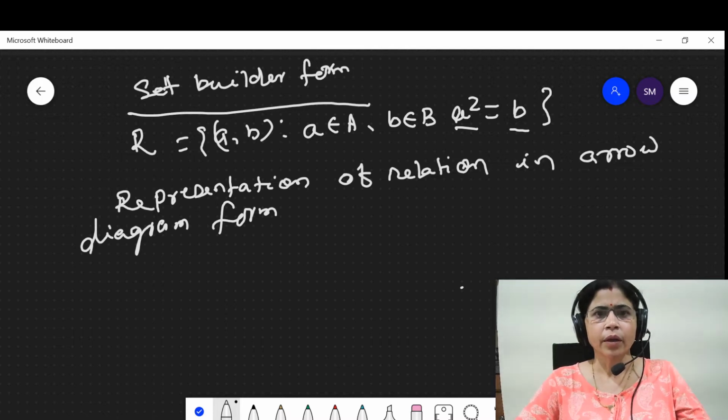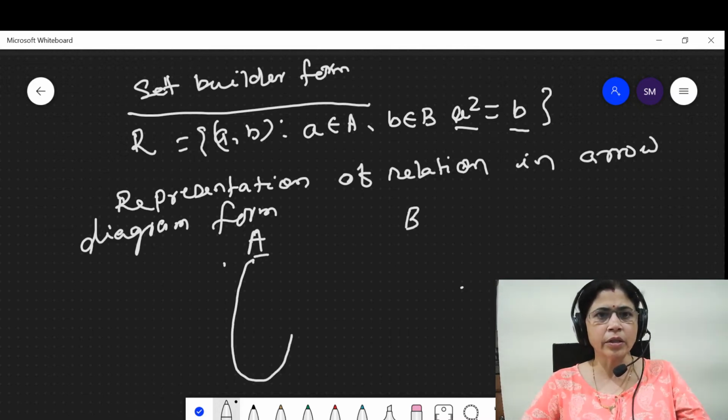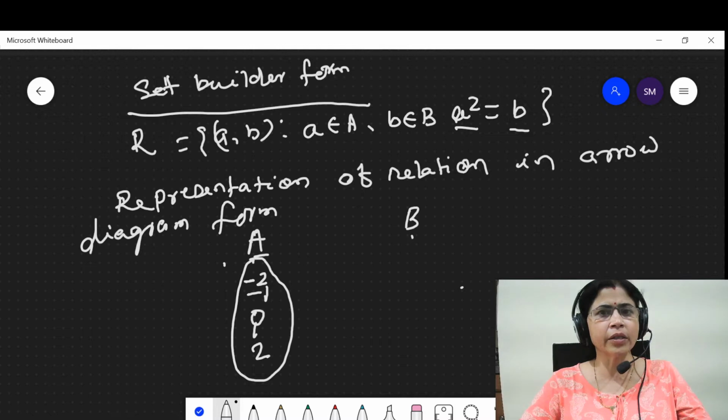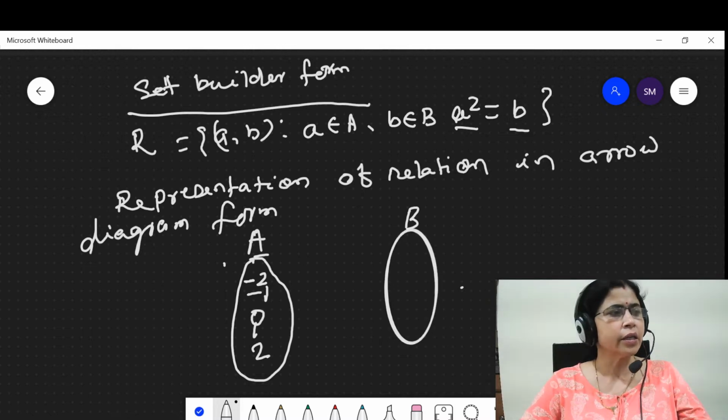Suppose A is a set, here the set A and here the set B. In the set A the elements are -2, -1, 0, 1, 2, and in the set B the elements are 0, 1, 4, 9, 10.